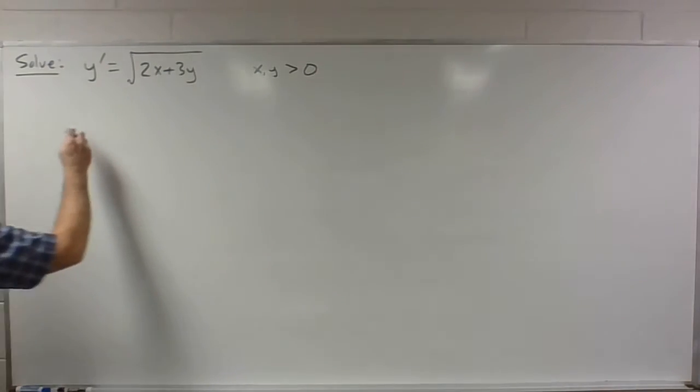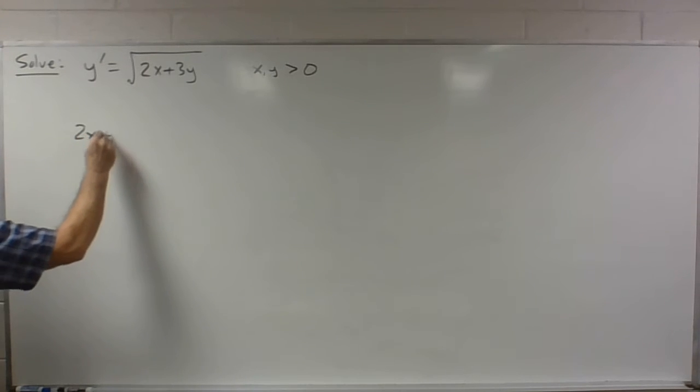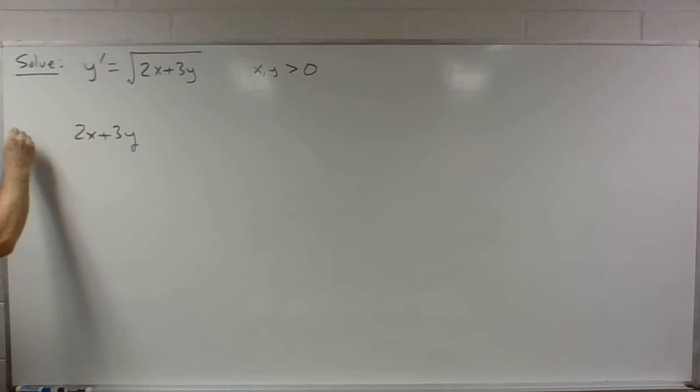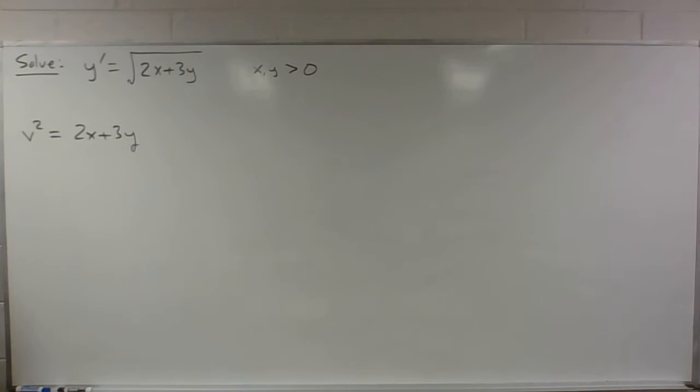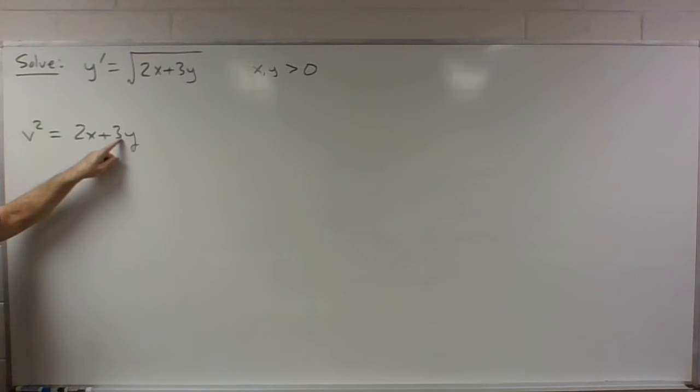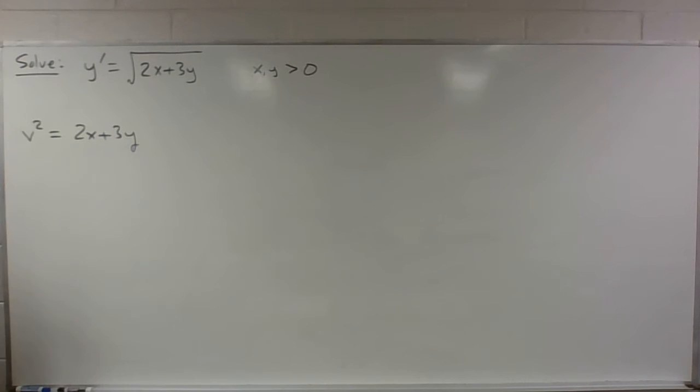I'm thinking of taking the contents of the radical and letting that be equal to v squared. Having done that, I'm going to have a need for replacing not just y, but dy dx also.